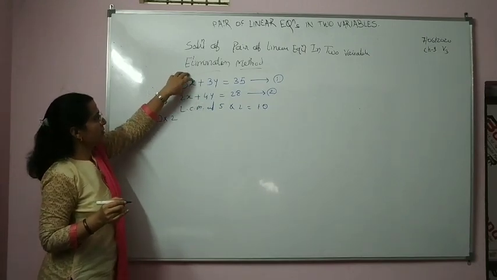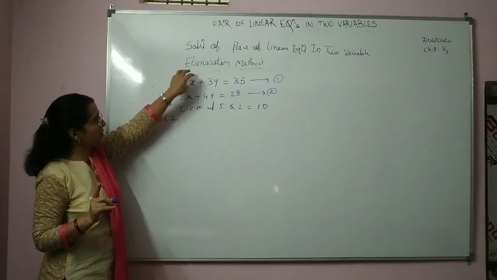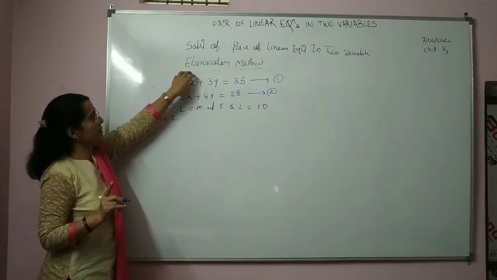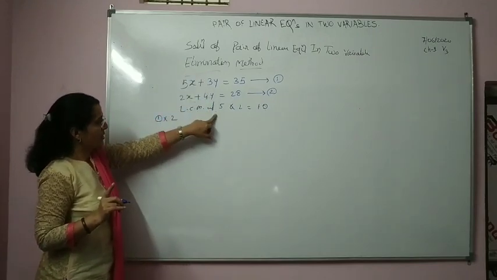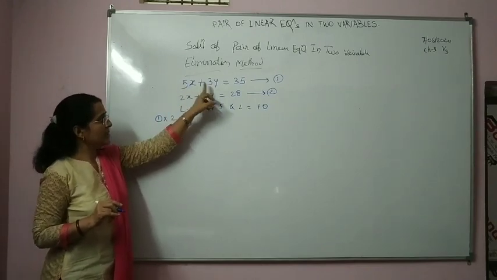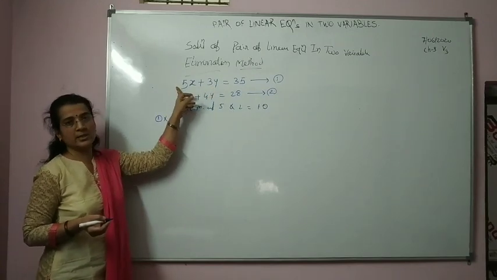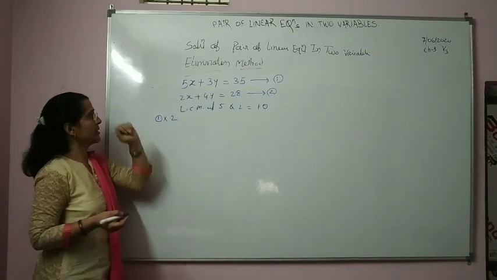Our interest is in making the coefficient of the x variable 10. So for that we multiply the first equation by 2. But to balance the equation, each and every term will be multiplied by 2, though our interest is in making the coefficient of x 10.